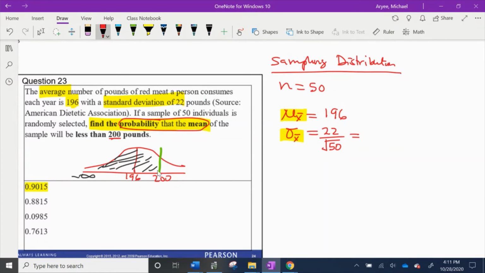Therefore, normal CDF from negative 1 million to 200, mean 196, standard deviation. You can put the whole thing here. The calculator is smart enough to do that portion for you.